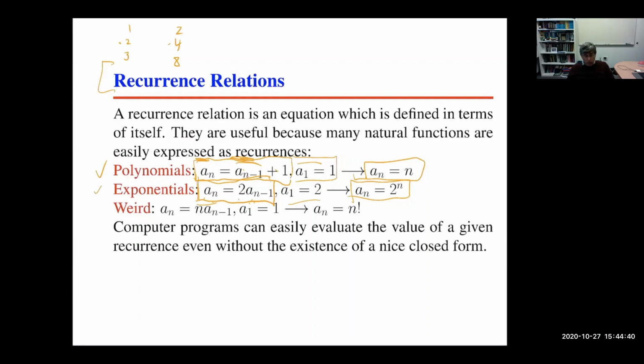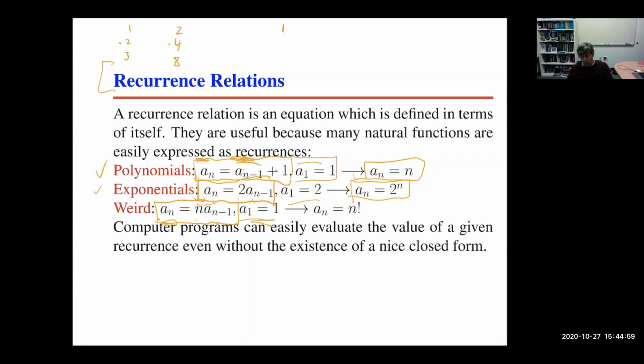We can also generate a variety of weird functions very naturally with recurrence relations. What does this weird function have to do with? Okay, this is a of n is equal to n times a of n minus 1, where a of 1 is 1.